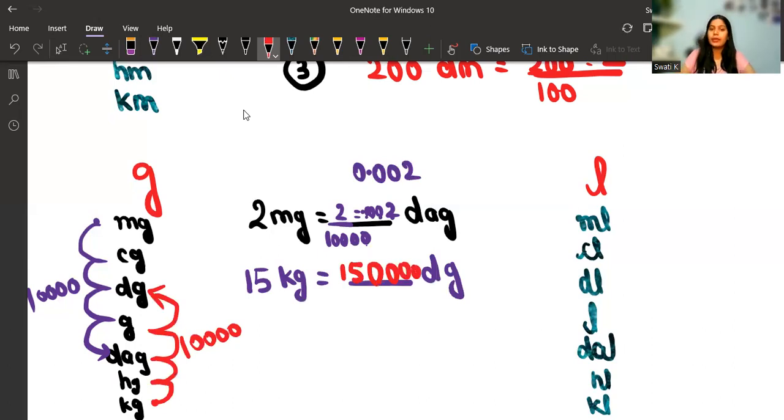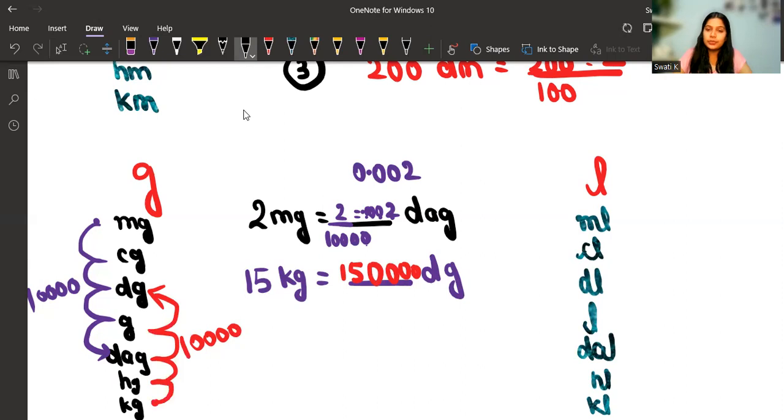So it is actually 1,50,000. So 15 kg equals 1,50,000 decigrams. My intention in explaining these two base units was to make you understand how the same method applies here as well.